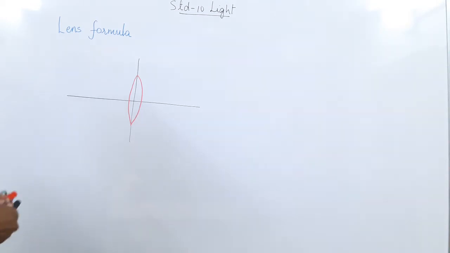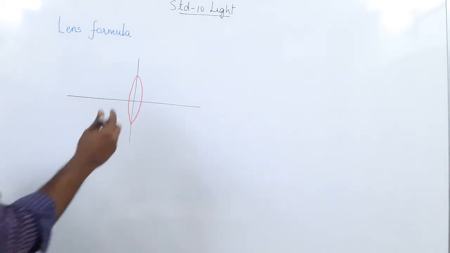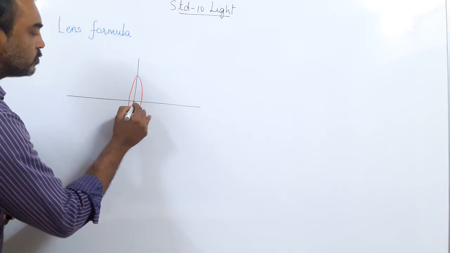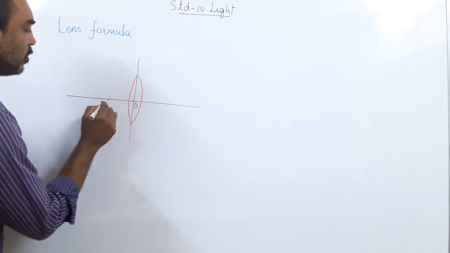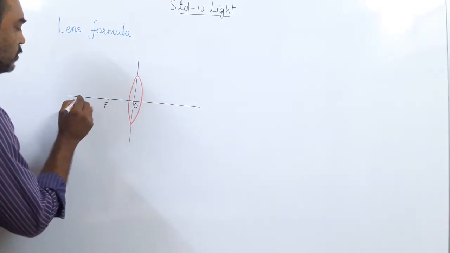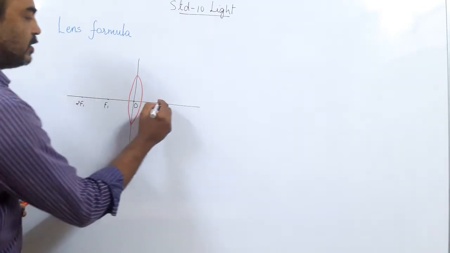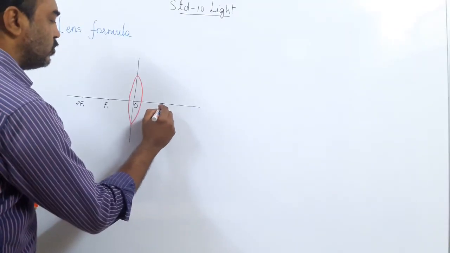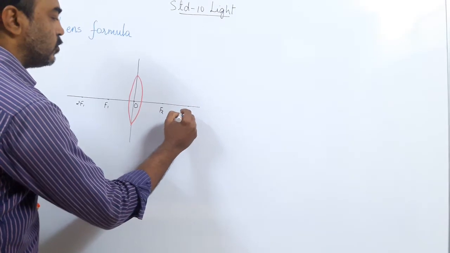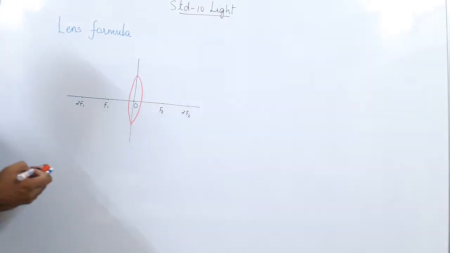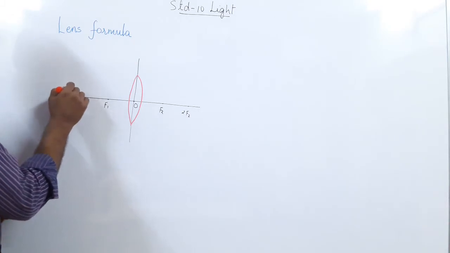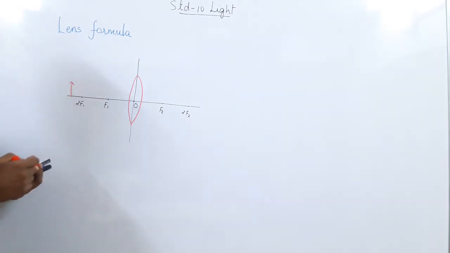Okay. So what we have got here, let us start to write. We had the optical center O. We have got F1 on one side, 2F1, and here we have F2 and 2F2. So wherever you may place the object, say you place the object right here, where will the image be formed?